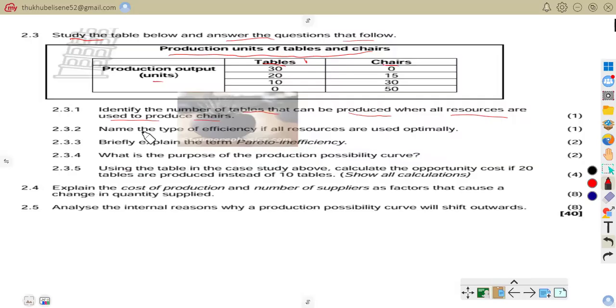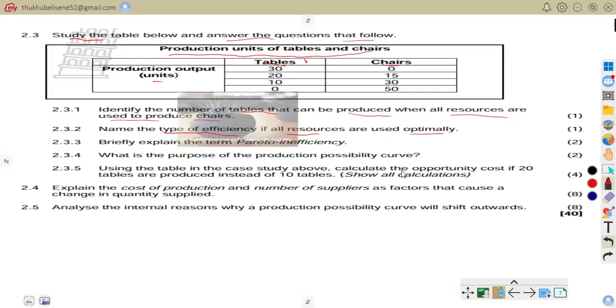2.3.2: Name the type of efficiency if all resources are used optimally. The type of efficiency if all resources are used optimally is productive efficiency.